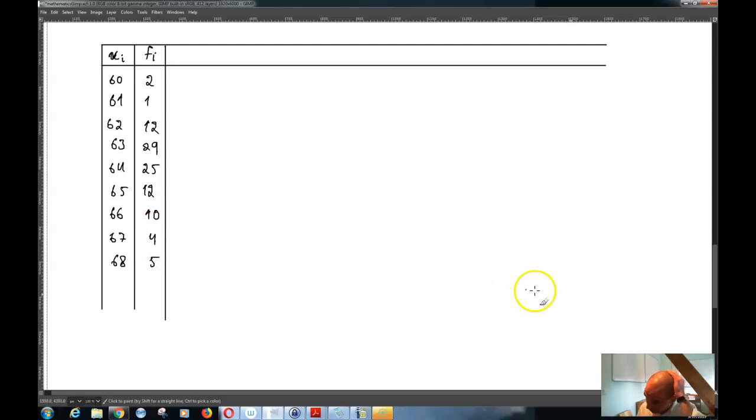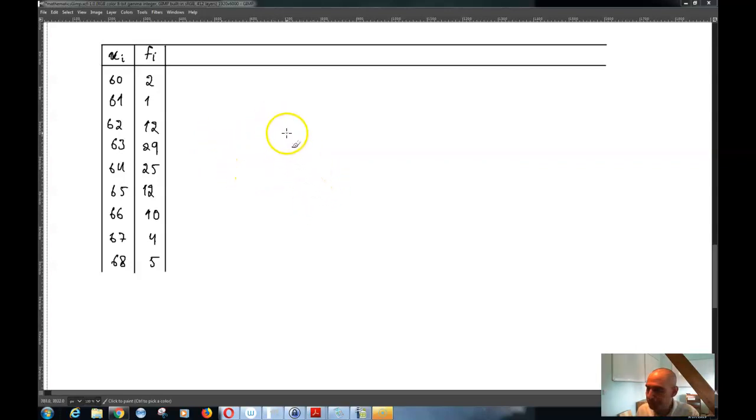Okay, and you want to find the mean and the standard deviation using the shortcut method. Now we use the shortcut method because using other methods for finding deviation is not easy.